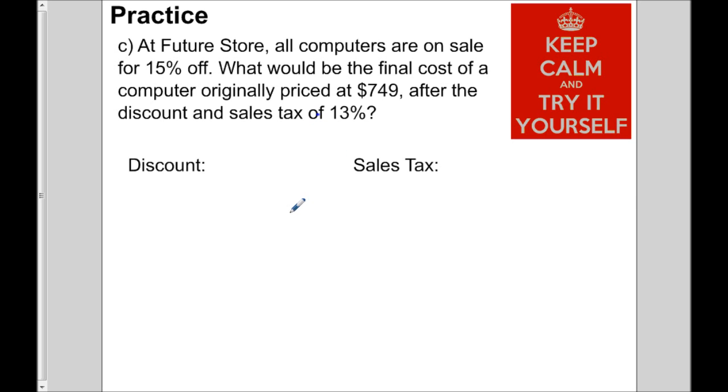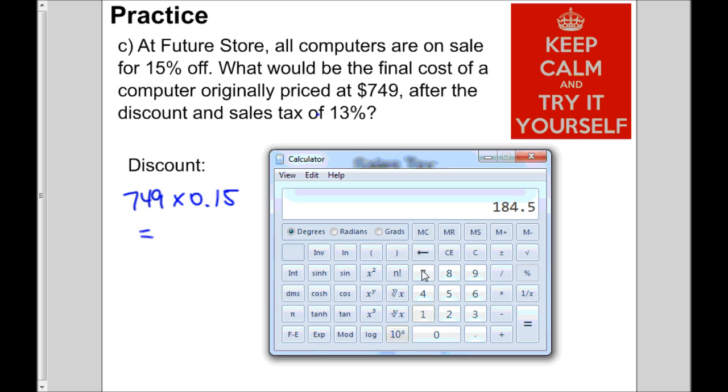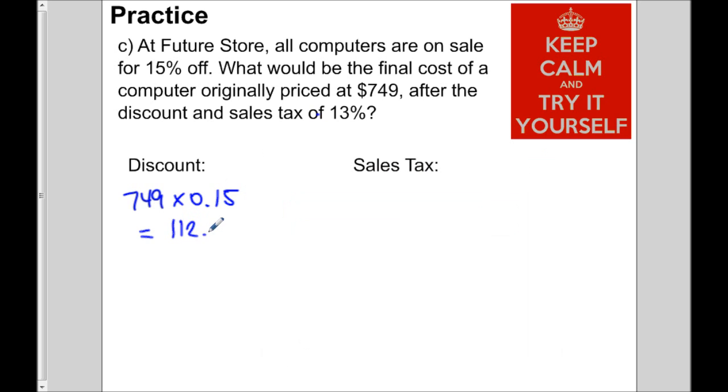All right, so here's the original price of that computer, which is going to be 15% off, and then we're going to add a sales tax of 13%. First, we're going to calculate the discount. So we're going to do $749 multiplied by 0.15. Let's figure out what that is. 749 times 0.15 is $112.35.